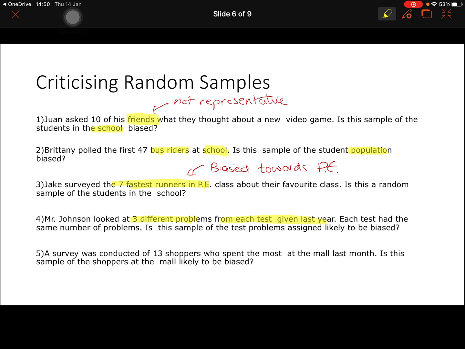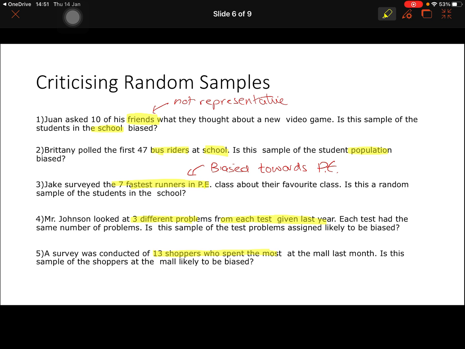Is this sample of shoppers at the mall likely to be biased? Well, if it's the 13 shoppers who spent the most, then it's going to be probably a good sample to be looking at, in the sense of they're going to have lots of opinions about the mall. But because they shop there a lot, their opinion might well be biased to being more positive.